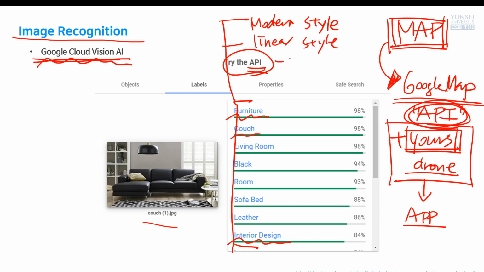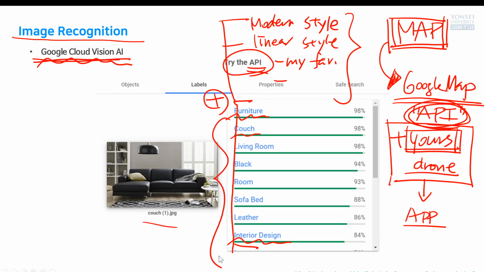And also this is my favorite style, something like that. And Susan's living room style, something like that. That kind of keyword or additional information can be appended on top of this one. So this is the domain knowledge area. This is the general knowledge area. In the future, probably Google is going to put more things in this area. But so far, what we need to do is focus on this part, okay? Additional information, additional data.